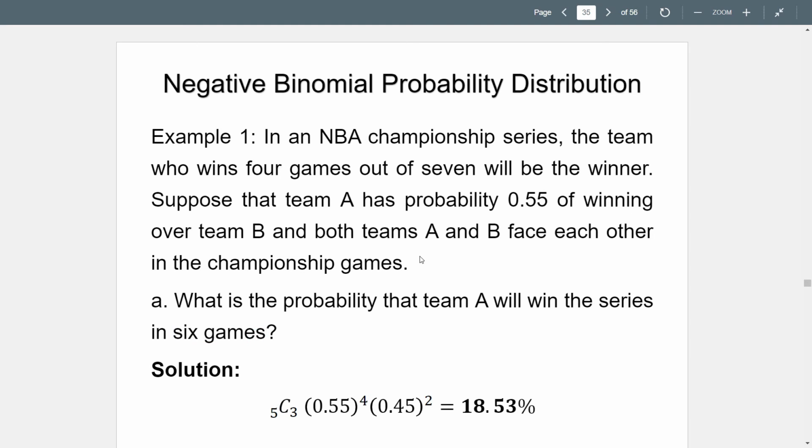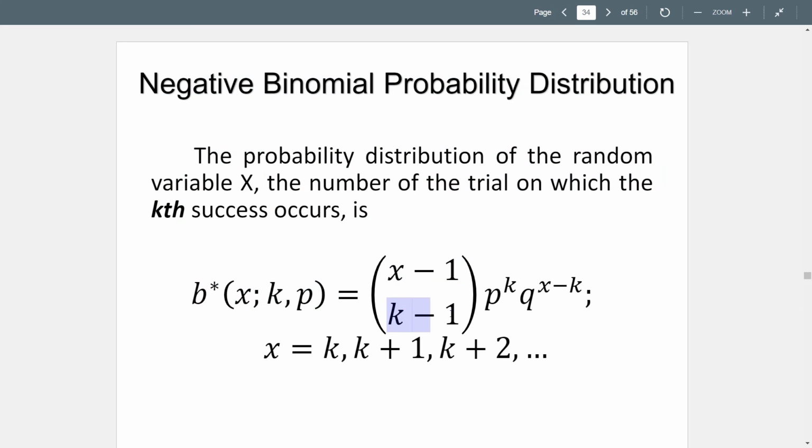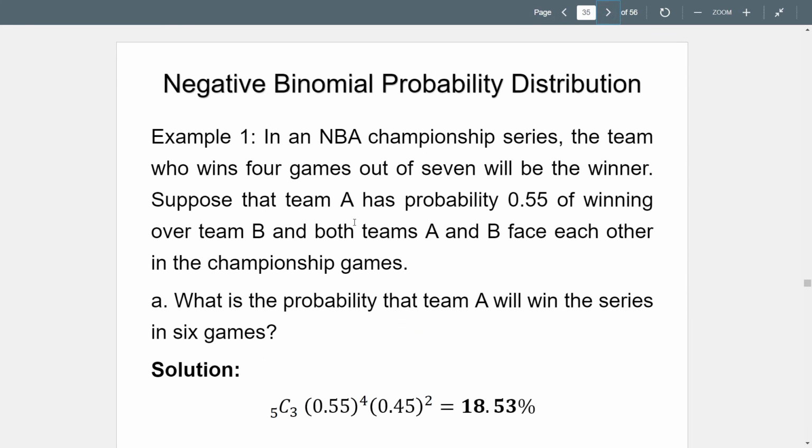The number of games won is 4, so that will be your k, and k minus 1 gives us 3.